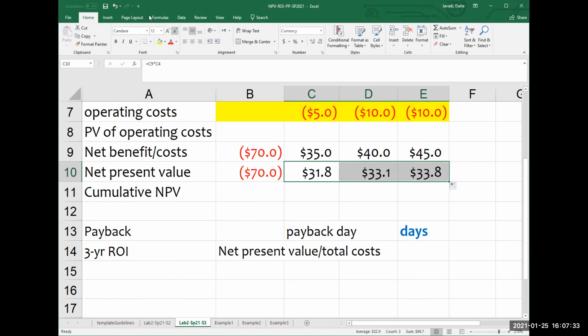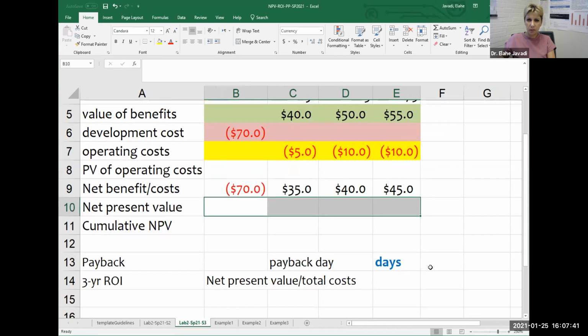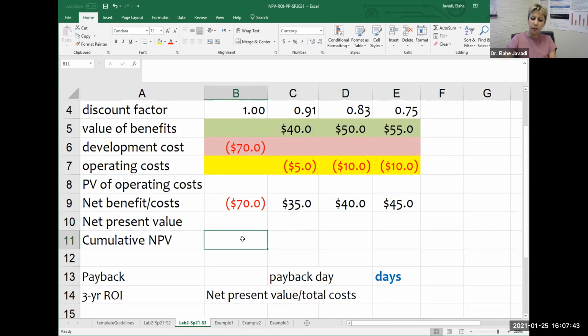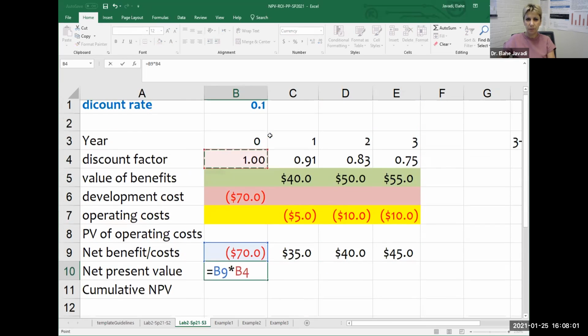Yep. So I'm going to delete what I have. I'm going to make this a little smaller so we can see. So we're going to get the present value of the net that we just calculated. We put the equal sign, select the net benefit value with your mouse, and multiply by the discount factor for that year.